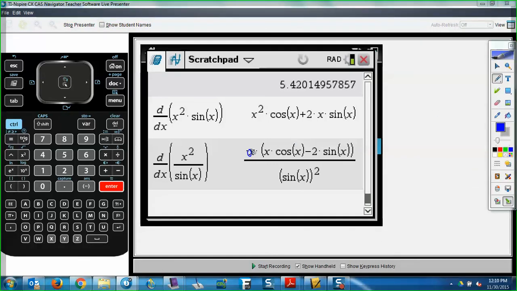Now I'm going to rearrange that. So I'm going to write this as 2x sine x minus x squared cosine x. That's what the top would look like if we were doing it. Okay? All over sine squared.